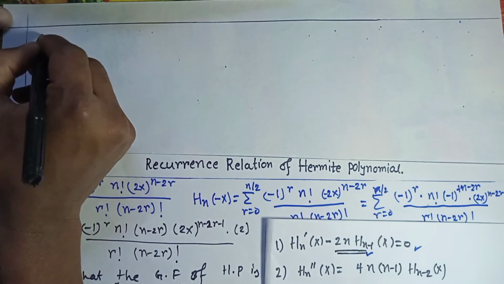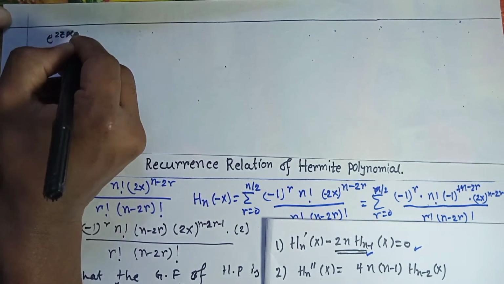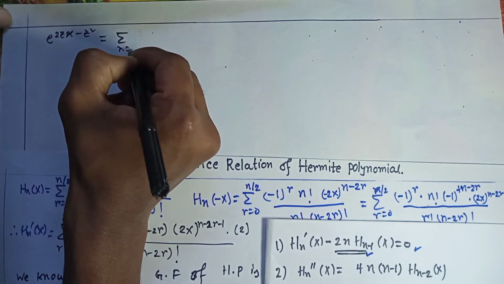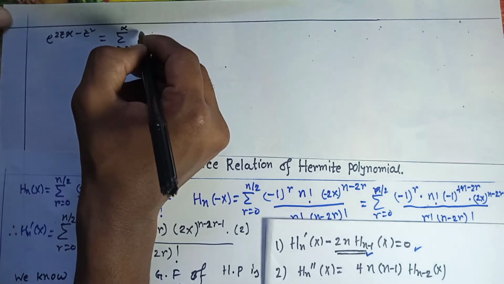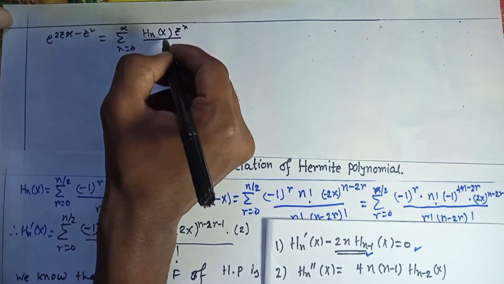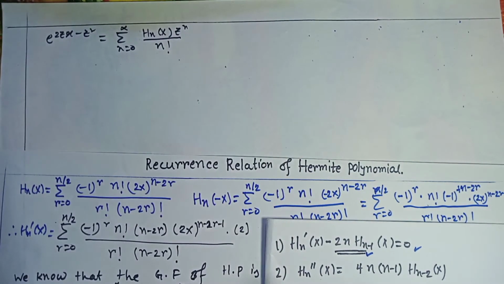We know that e to the power 2zx minus z squared is equal to summation n equals 0 to infinity Sn of x z to the power n divided by factorial n. This is the generating function of a Hermite polynomial.